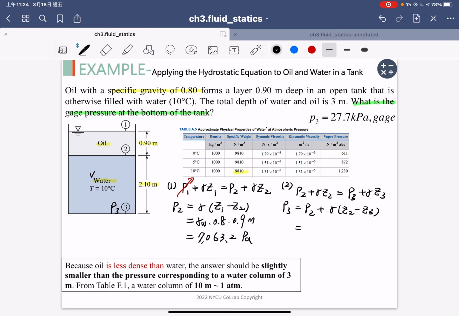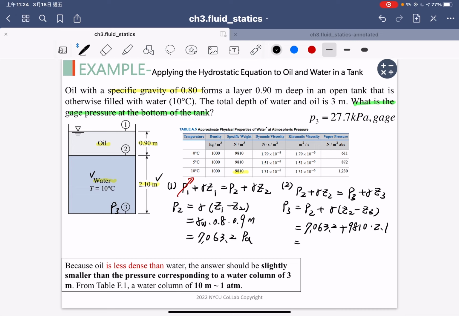So we just put the P2 inside. The number is 706.32 Pa, plus the gamma. The gamma right now is for water, so we use 9810 Newton per cubic meter, multiplied by the depth difference, 2.1 meters here.